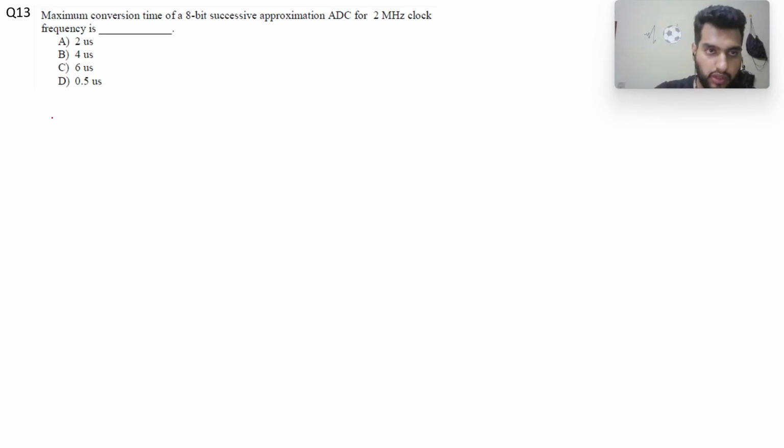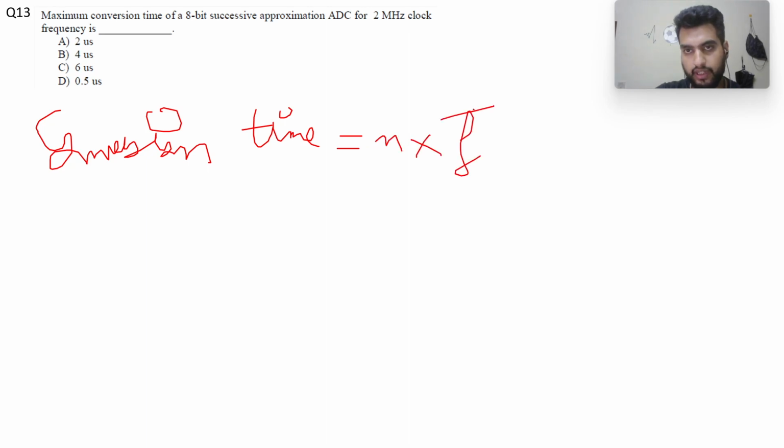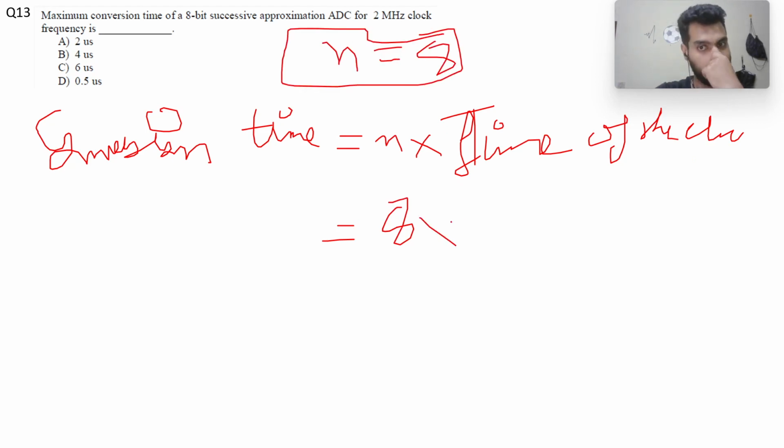So we have this formula for the successive approximation ADC. Conversion time is equal to n times the time of the clock. So n is 8, and the time of the clock is 1 by f.